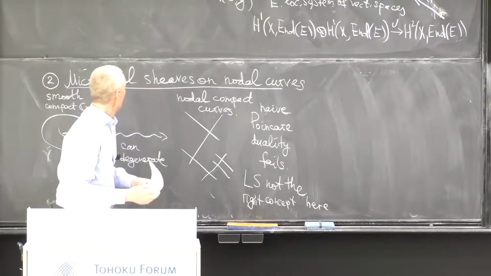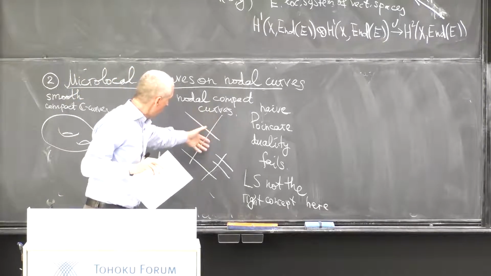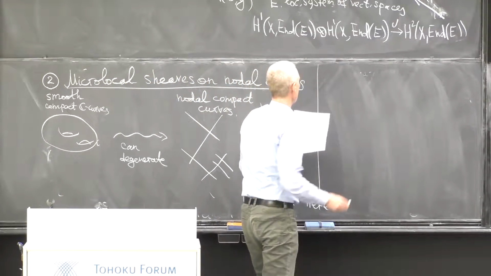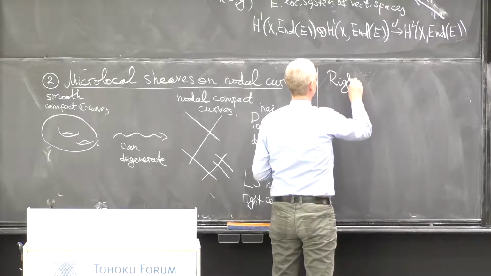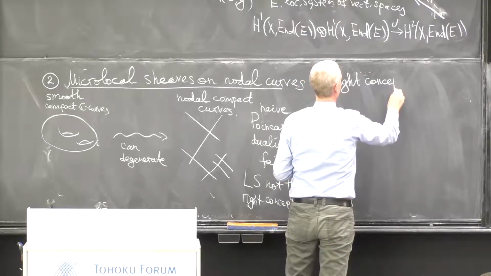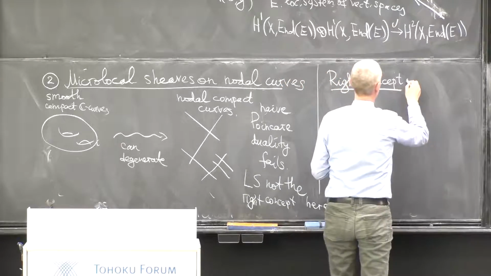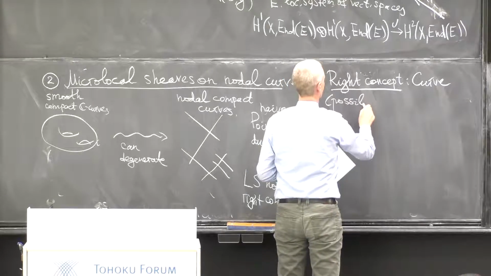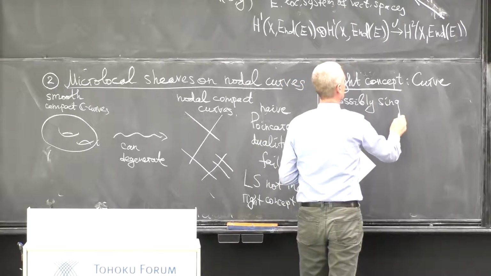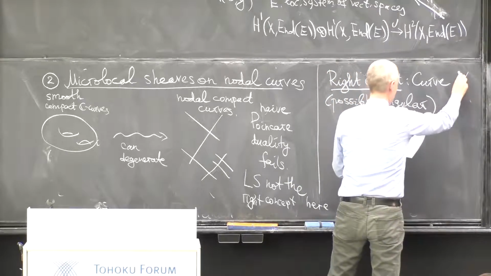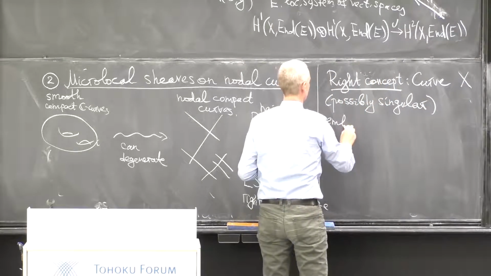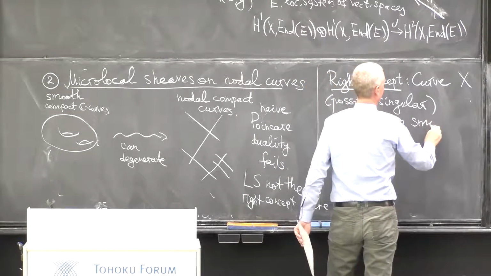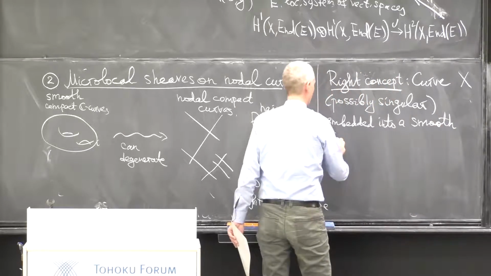But the right concept would be that we have a nodal curve, a positively singular curve X, embedded into a smooth symplectic surface.